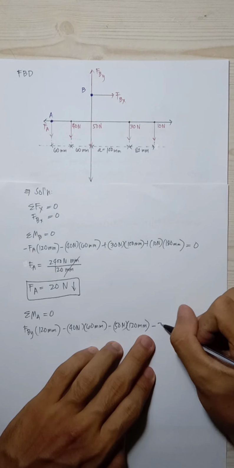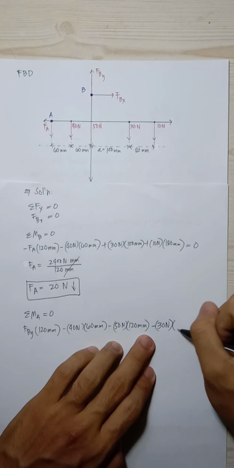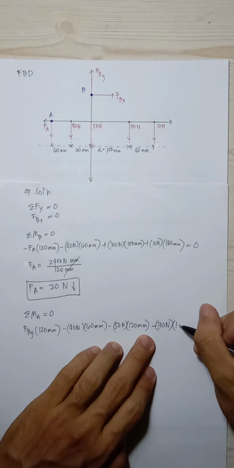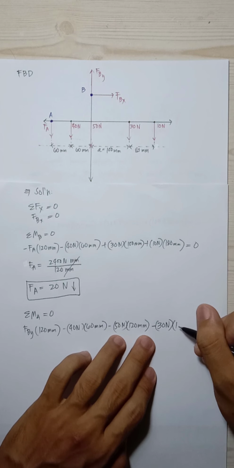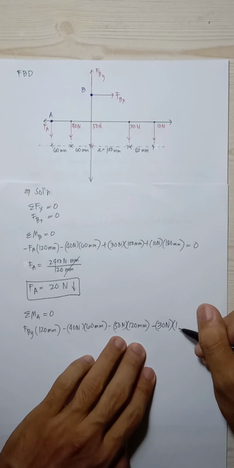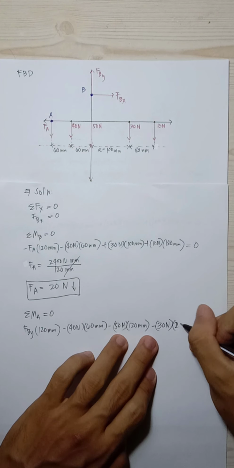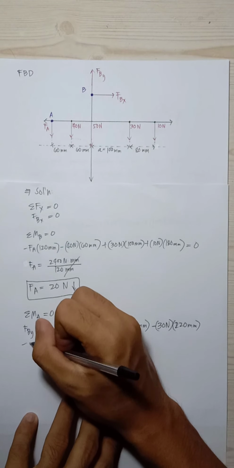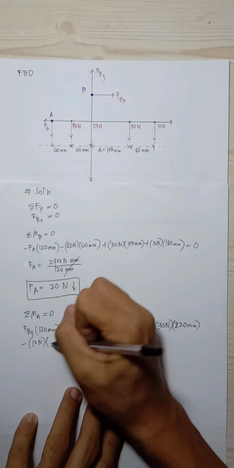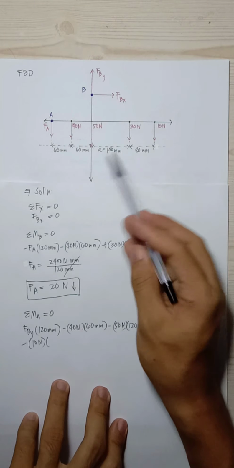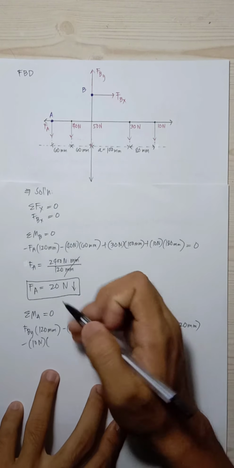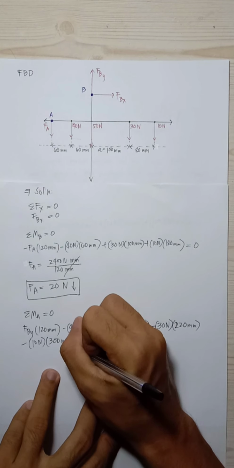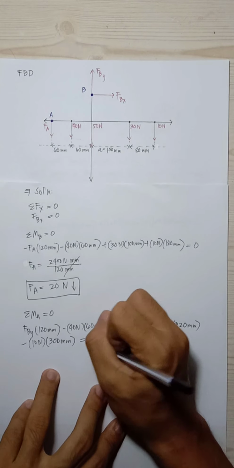minus 30 Newton times its distance from point A, that is 100, oh sorry, that is 220 millimeters, minus 10 Newton times its distance from point A, which is 300 millimeters, all equal to 0.